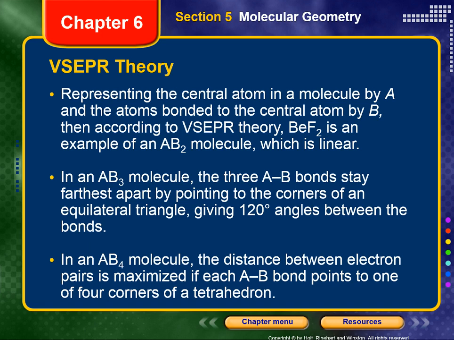If we represent the central atom in a molecule by the letter A, and we represent the atoms bonded to the central atom by the letter B, then according to VSEPR, beryllium fluoride, BeF2, is an example of an AB2 molecule, which is linear. Can you determine what an AB3 molecule looks like?